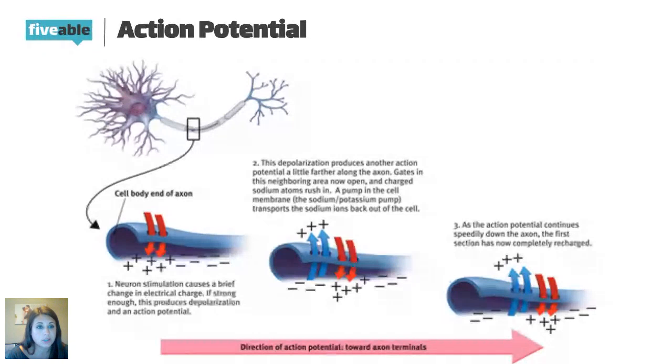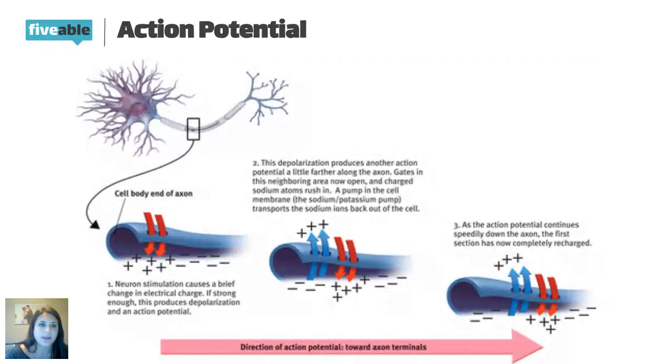And that's how the message is pushed along. That also means that we can't just continuously send a message down the axon because we have to wait for it to repolarize before a new message can come along. And we're talking about it like this is a slow process that we have to wait seconds for. But in reality, it's happening super duper fast.